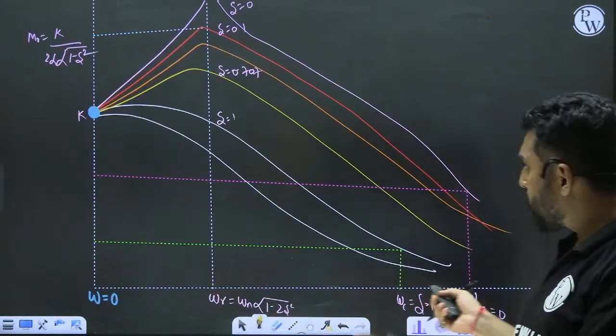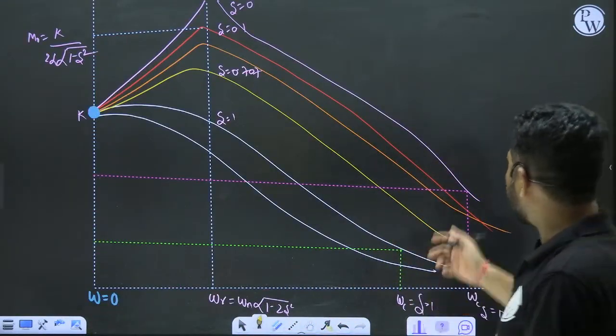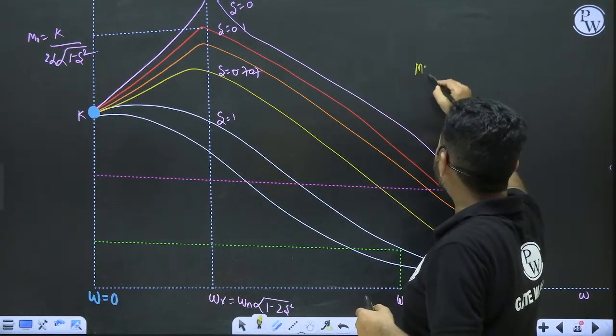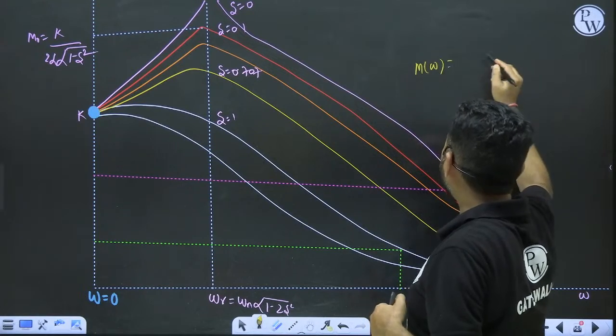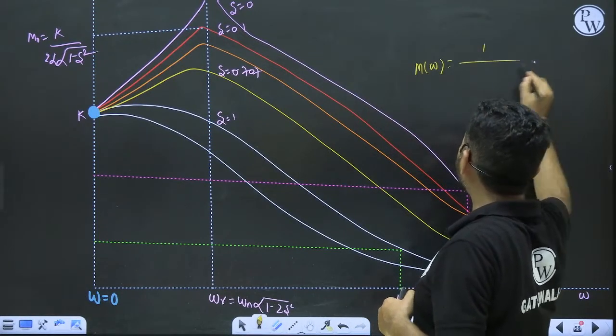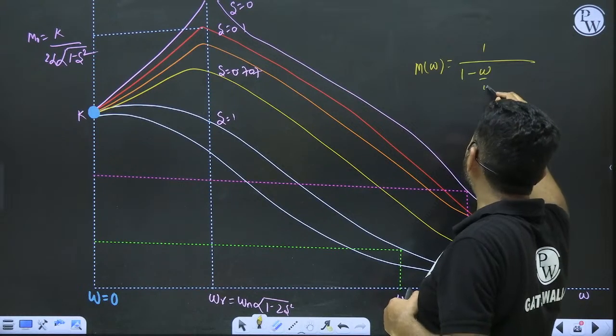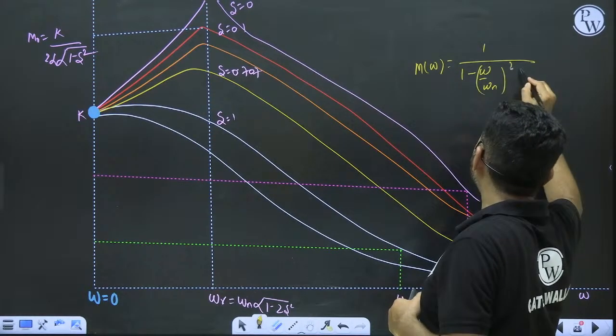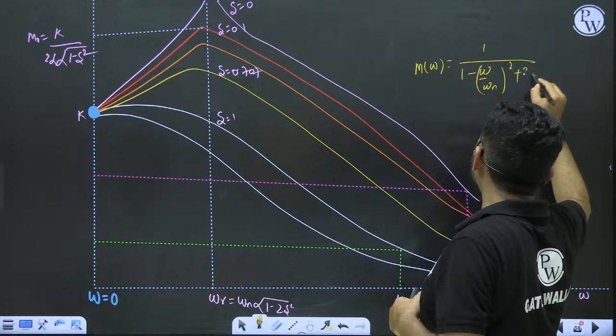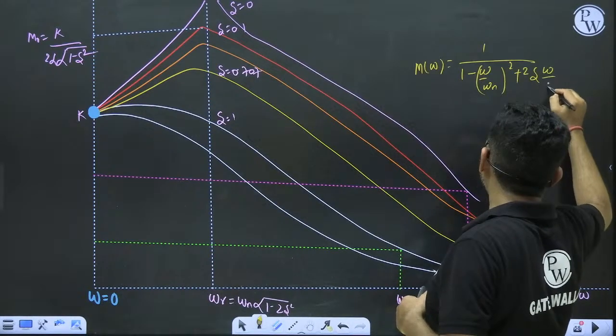So we have talked about the magnitude, we have talked about the phase. What is M omega? Let me write this M omega. M omega is 1 divided by the square root of (1 minus omega by omega n whole square) whole square plus (2 zeta omega by omega n) whole square.